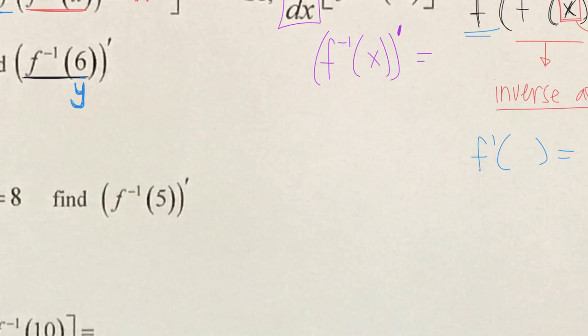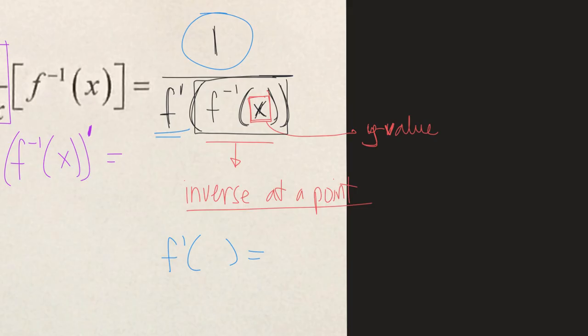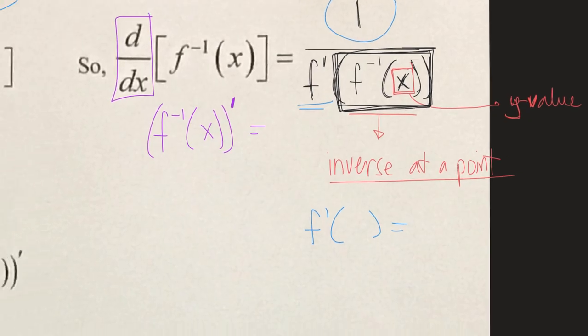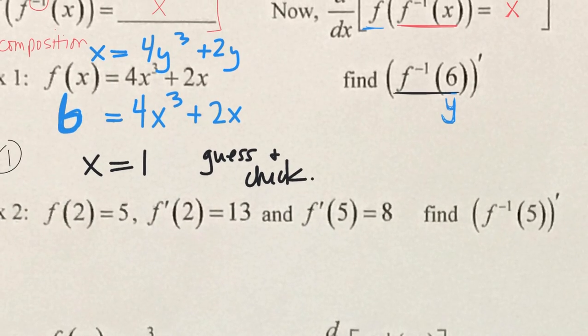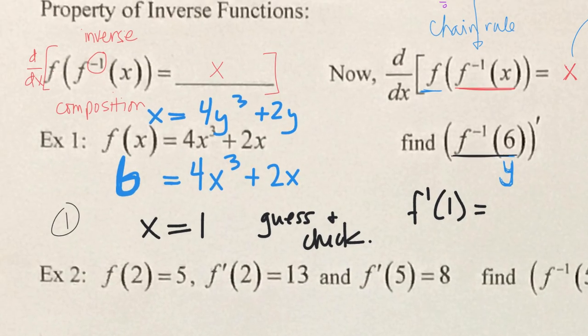Actually, we just found this part of your equation, right? We just found that f inverse at 6 is 1. So now we have to figure out what is f prime at 1, right? So let's look back at what we're doing.